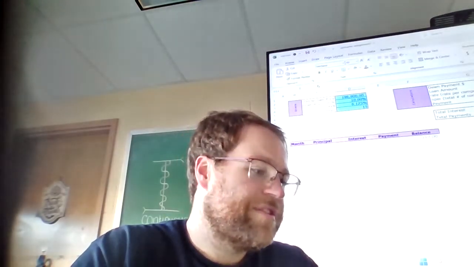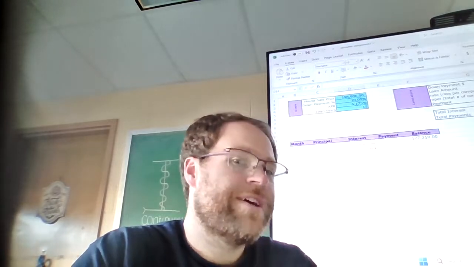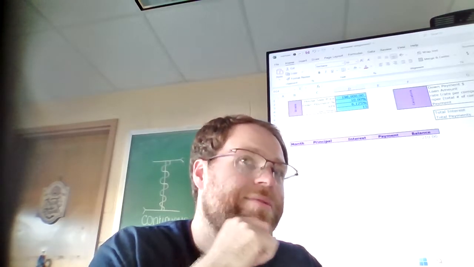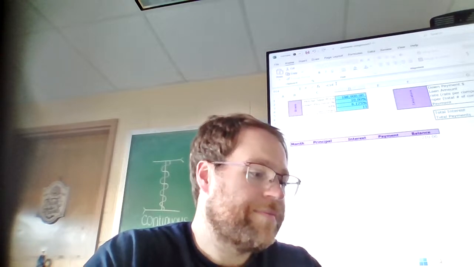Okay, from there, if you flip the page in cell D14, it says enter a formula to compute the interest for that month. And you see where it says interest equals principal times APR divided by 12. So interest equals whatever the principal is, so that value, times.